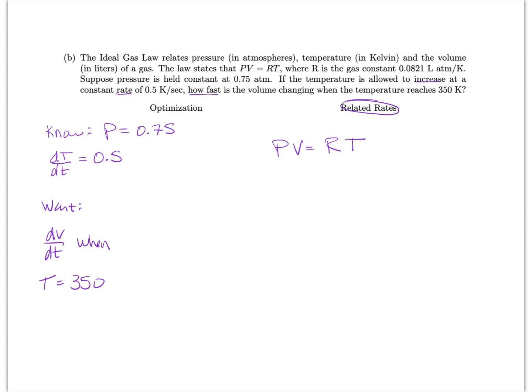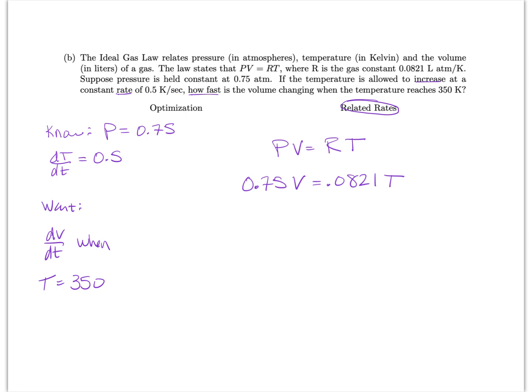And P is also, we're holding that constant, so maybe I'll put that in too. So I have 0.75 V equals 0.0821 T for temperature. So now my equation is really just relating volume and temperature, which are the things I know something about and want to know something about.